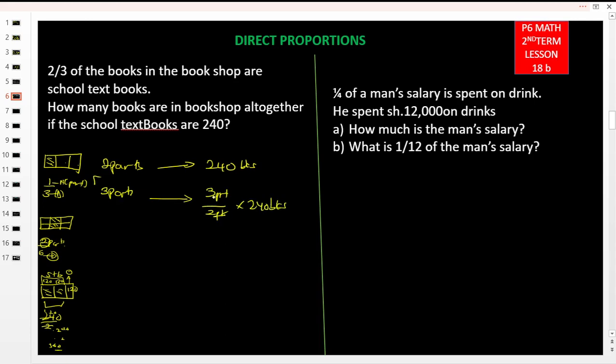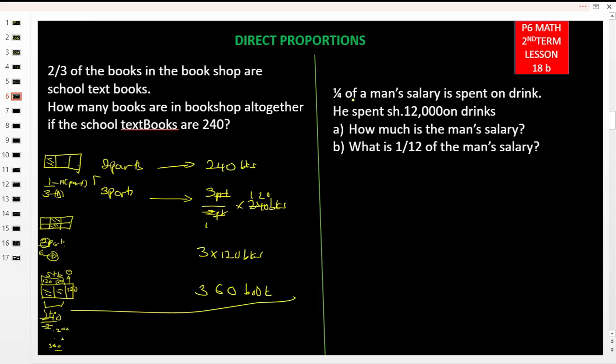Part by part, 2 divides into 240 giving 120, times 3, so we have 3 times 120 books. So the bookshop had 360 books.